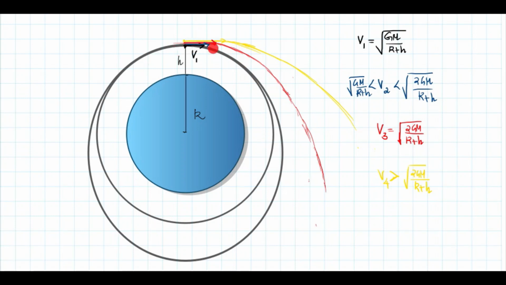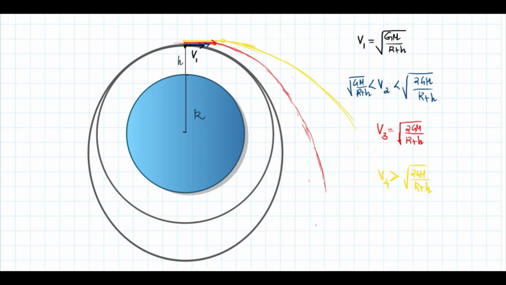The satellite will move in a circular orbit. If the velocity is greater than this, that is this blue arrow, and less than the square root of 2GM by R plus h, which you already know is the escape velocity, that is, if the velocity is between the square root of GM by R plus h and the square root of 2GM by R plus h, the orbit will be an ellipse.